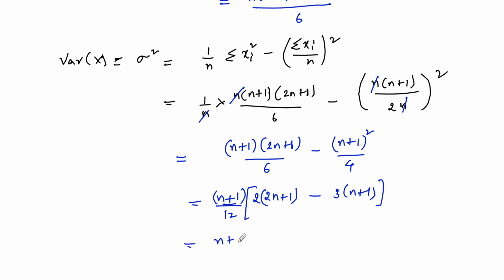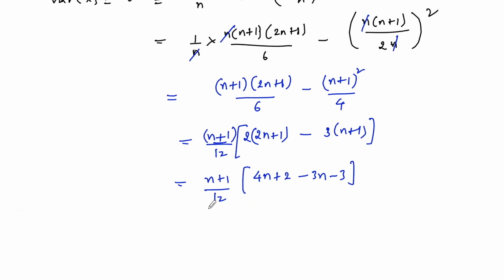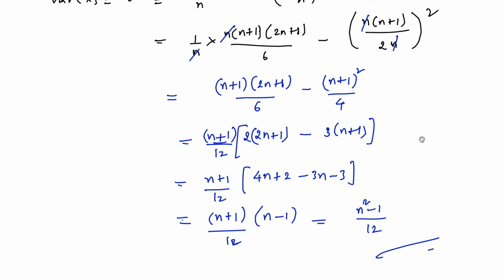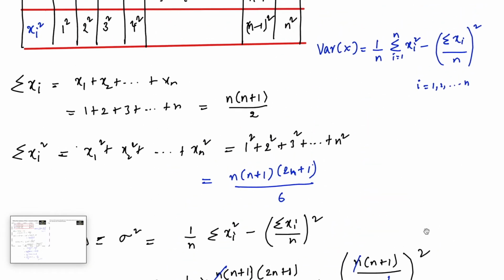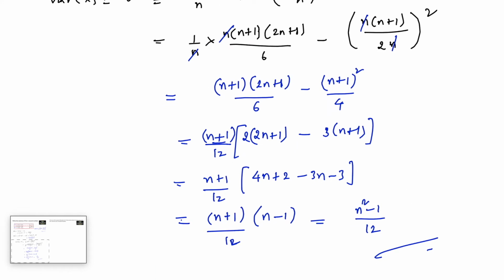So which is n plus 1 by 12 into, here we can write 2 2s are 4n plus 2 minus 3n minus 3, which is equal to n plus 1 by 12 into 4n minus 3n is nothing but n, 2 minus 3 is negative 1. So n plus 1 into n minus 1 is nothing but n square minus 1 divided by 12. So variance of the given observation set of first n natural numbers is nothing but n square minus 1 upon 12.